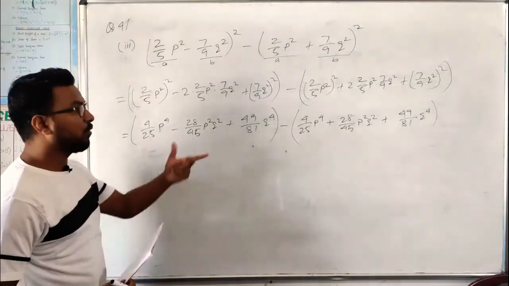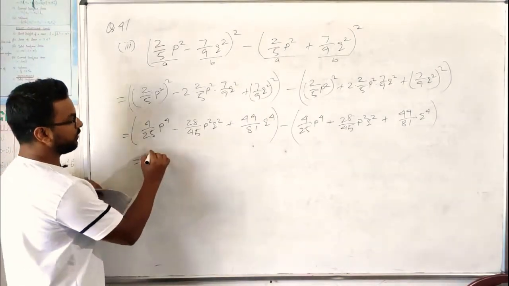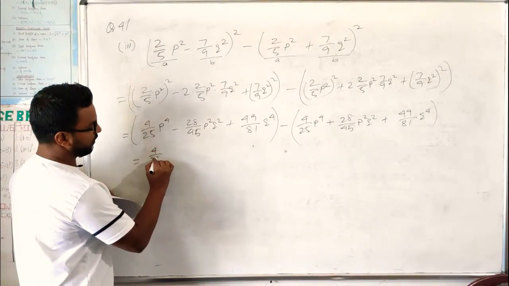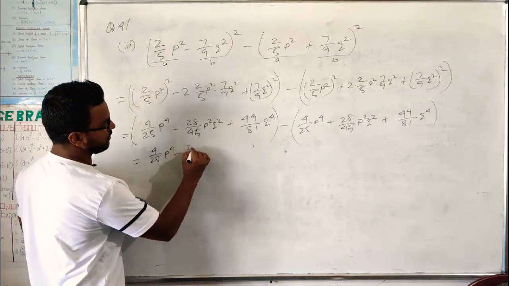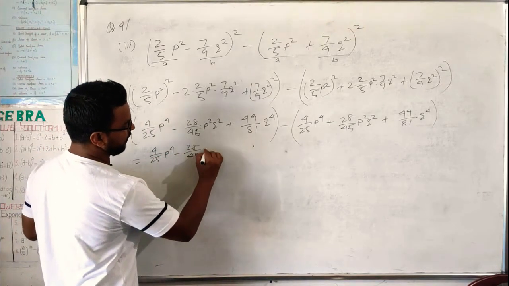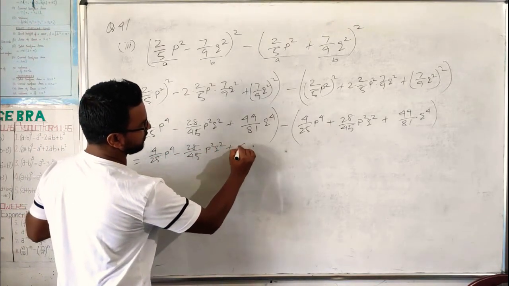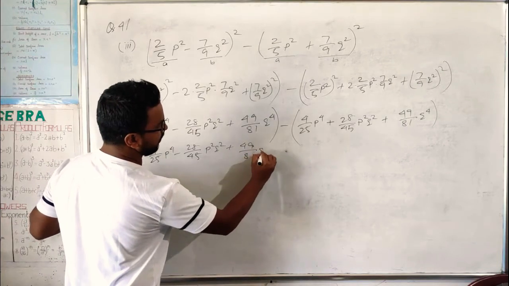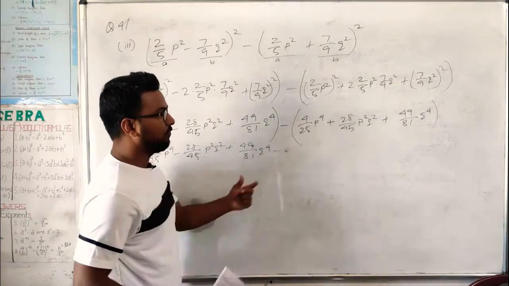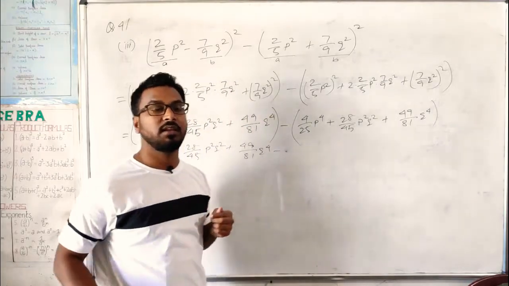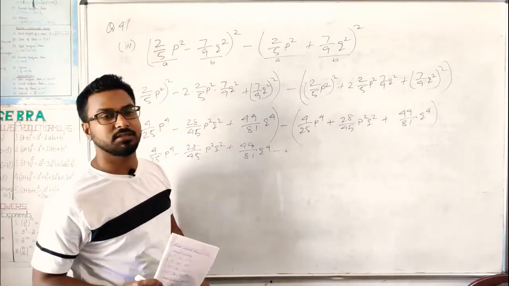Okay, now you open the bracket. If you open the bracket, what will you get? 4 by 25 p to the power 4 minus 28 by 45 p square q square plus 49 by 81 q to the power 4 minus. If you multiply the bracket with the minus sign, all the signs will change, right?